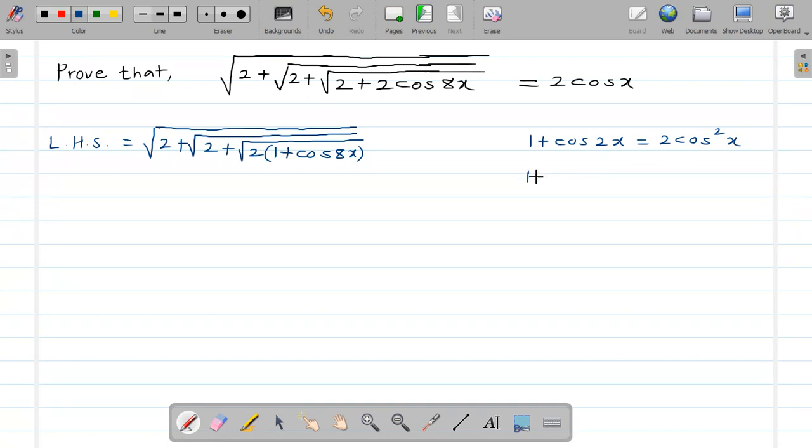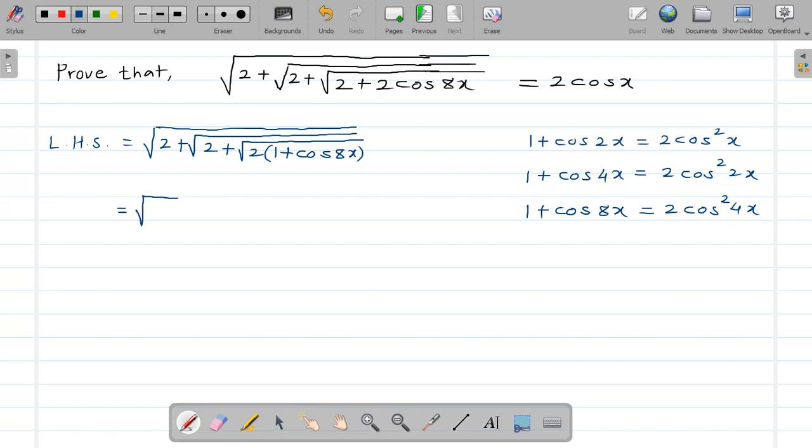Now as per the multiple angle technique, if I write 1 plus cos 4x, then I have to write 2 times cos square 2x, because as 2x becomes x, here 4x becomes 2x. Similarly, 1 plus cos 8x becomes 2 times cos square 4x, as 8x becomes 4x. With this technique we will solve all these roots.